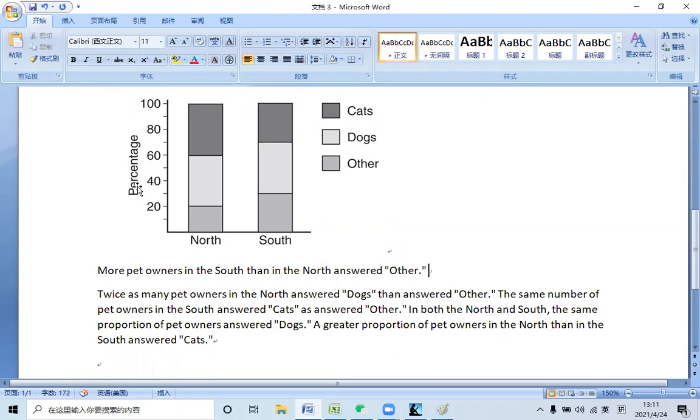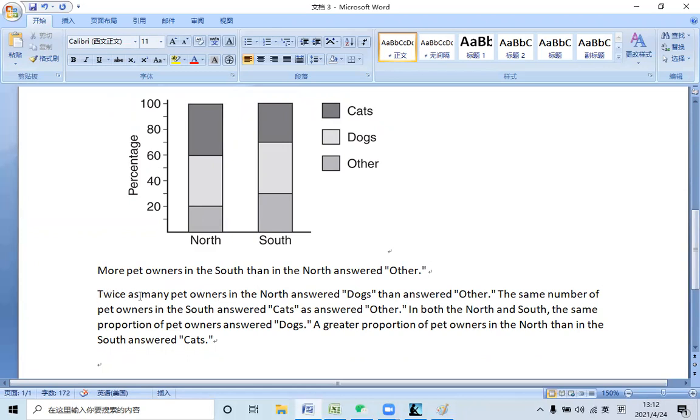These are percentages, so both bars add up to 100%. This is correct. A higher percent of people from the south say other. That's good. We don't choose this one.